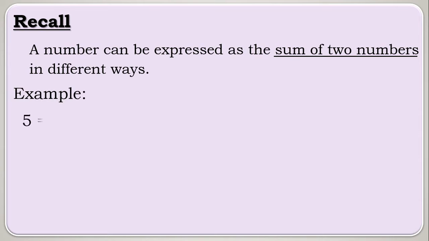For example, 5 is equal to 0 plus 5. That is, the number 5 can be expressed as sum of two numbers. 5 is equal to 0 plus 5.